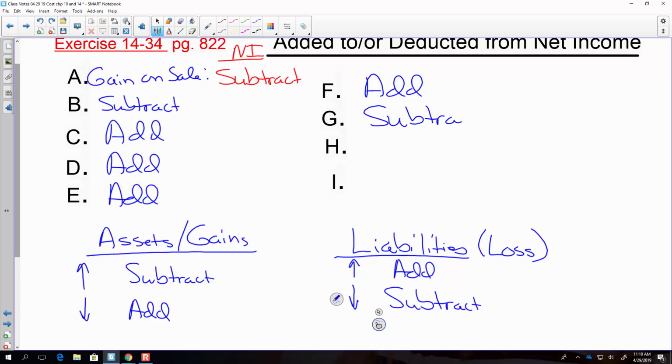Tom, what's the next one? Subtract. Increase in inventory. You're spending money for inventory. Yeah, that hurts our cash flow. E, last one. Add or subtract?